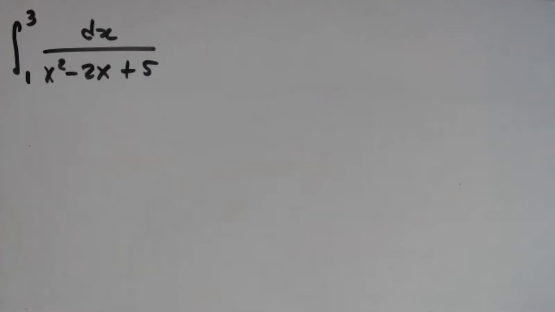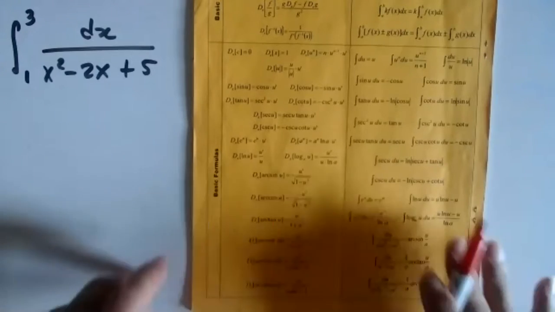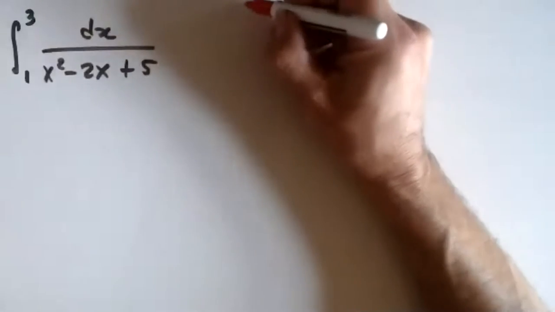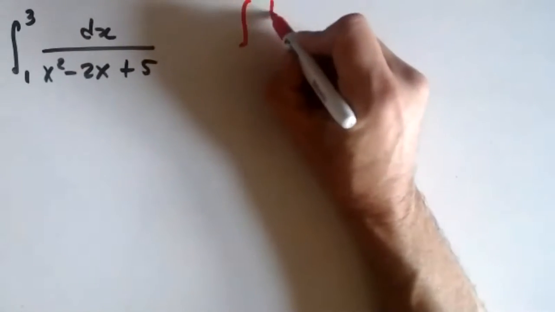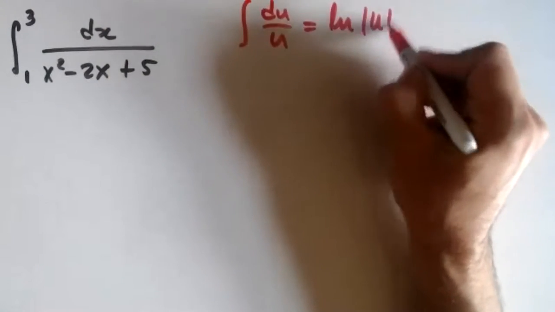Okay, we have this one. This is my integral now. I have to solve this one, and again, I look in my formula booklet. It's okay, I have this one, du over u. And then the only other one is this one right here at the bottom, because the other ones have square root. So I have two. So I have the integral du over u equals ln.